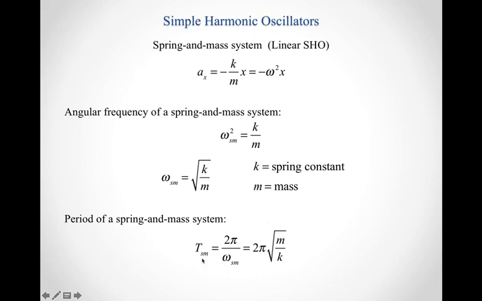And I get that the period for a spring and mass is equal to 2 pi times the square root of m over k. So the thing to highlight here is that all of this information for the angular frequency and the period and how they depend on the parameters of my system came from basically being able to interpret my Newton's second law equation.